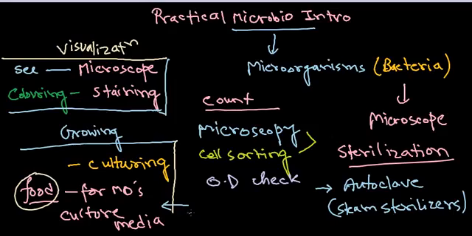So for that type of heating you require a heater or incubator. So incubator is another very important machine for these microbiologists. These are the very basic things you should require for the process.